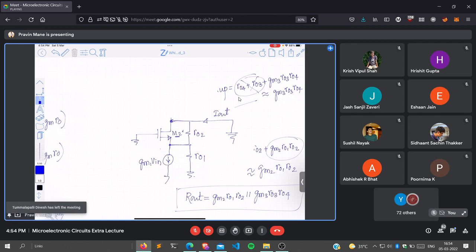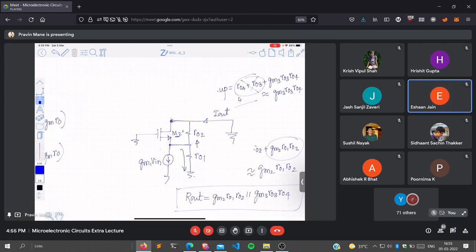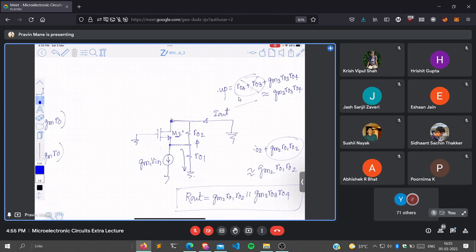Okay. Now, this current is divided into two parts. One is going down and another is going up. Which is the current that is going up? Total current that is going up is Iout minus Gm1 Vin, flowing through 1 by Gm2 and RO2, right?